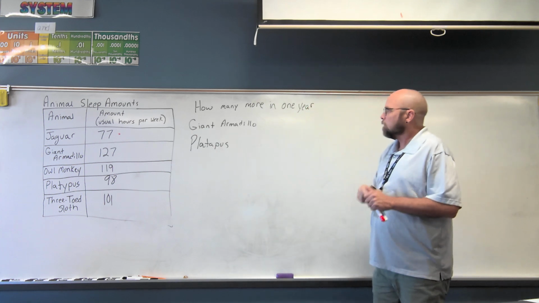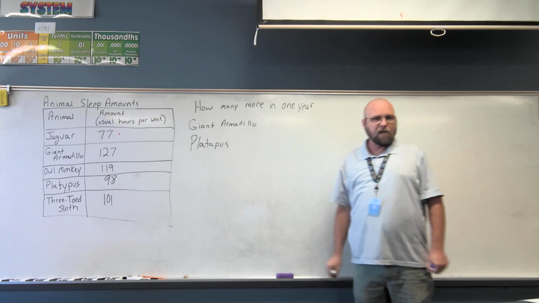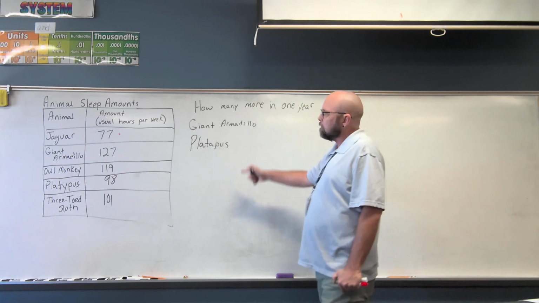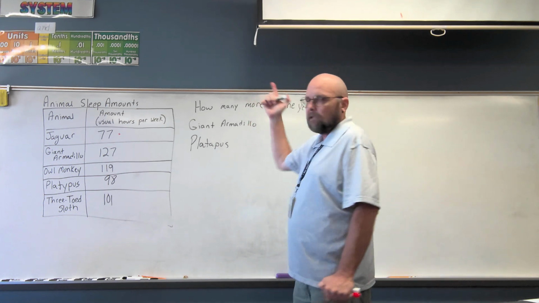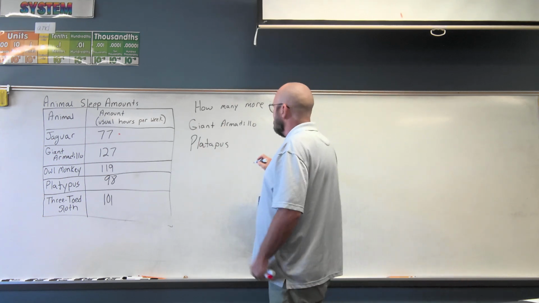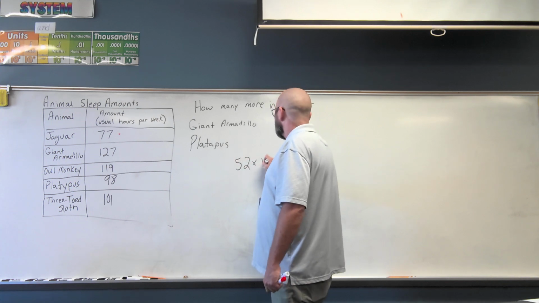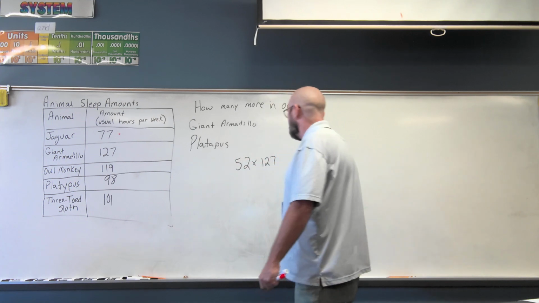Okay, so first we have to find out how much sleep each of these get in a year. So if I was looking at the giant armadillo, and as I learned from the last problem, there are 52 weeks in a year, the giant armadillo gets 52 weeks times 127 hours per week.